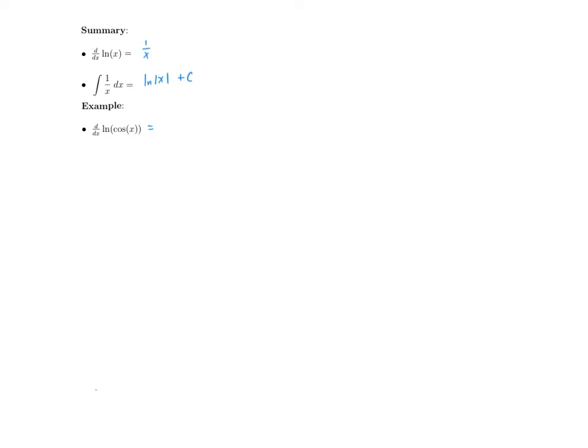So the chain rule tells us we differentiate the outside function, 1 over, we evaluate it at the inside function cosine, and then we multiply it by the derivative of that inside function. And the derivative of cosine is minus sine. So we're left with minus sine over cosine, which we can leave as is, or we could express this as minus the tangent function.